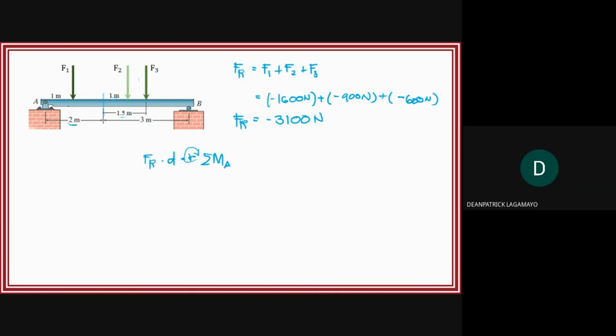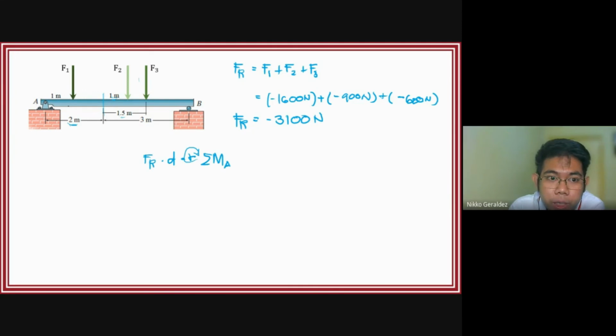The resultant is to the right of point A, so it produces a clockwise moment: 3,100 newtons times D. This equals the moments of F1, F2, and F3.